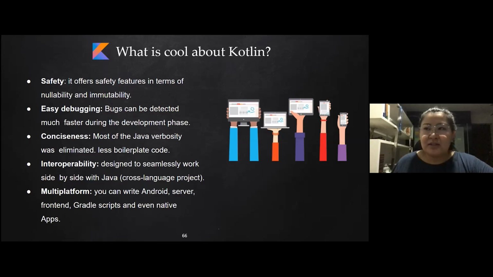Another good thing is that Kotlin and Java both run on the Java virtual machine, so they are interoperable. We can use, in one Android project, one class in Java and another in Kotlin. Because it runs on the JVM, it's multi-platform, and it's native for Gradle and Android Studio. When you download Android Studio, Kotlin is already the default language.